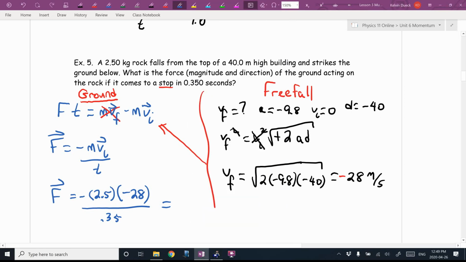And I get a force of 200 newtons. Again, this left-hand section here, finding the force, I could have actually found the acceleration when we're hitting the ground. I could have calculated that and then gone F equals ma, but this allowed me to do it in one line.